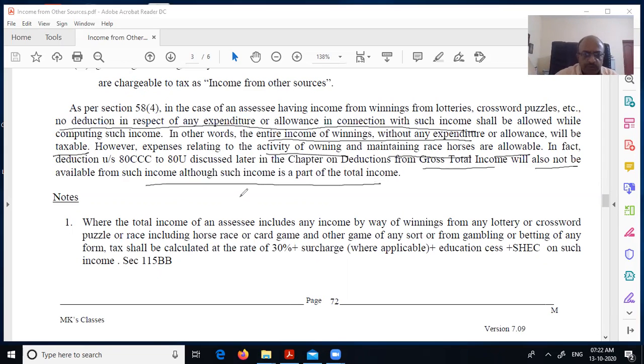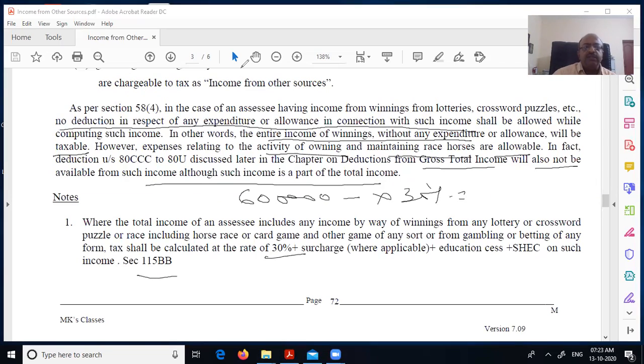Straight away, suppose you got 6 lakhs as some winnings, it is taxed at 30%. That slab rate of 30% is the maximum rate. That's why it's given here, under section 115BB.